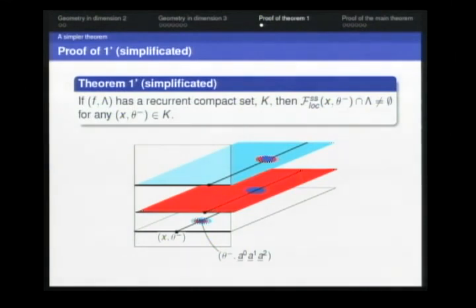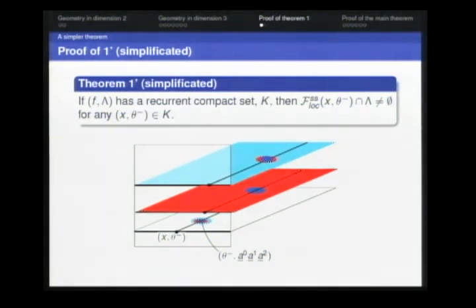The forward iterates of it still intersect the strong stable leaf of this point. So we are localizing a point of the horseshoe here. We have a point of the horseshoe in the strong stable leaf of this point.